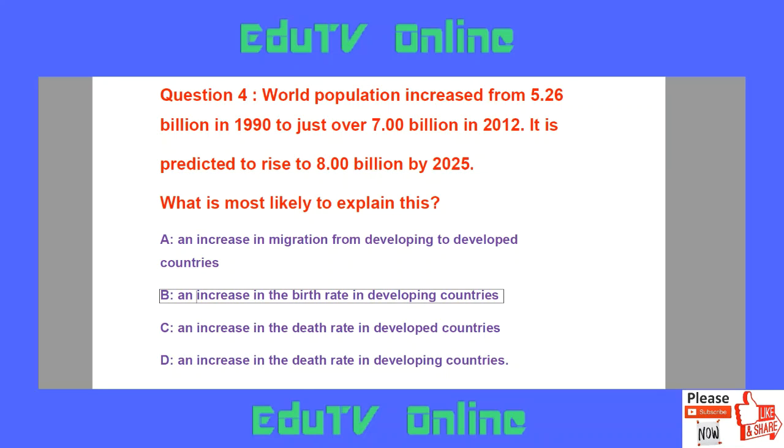B. An increase in the birth rate in developing countries. C. An increase in the death rate in developed countries. D. An increase in the death rate in developing countries. Answer. B. An increase in the birth rate in developing countries.